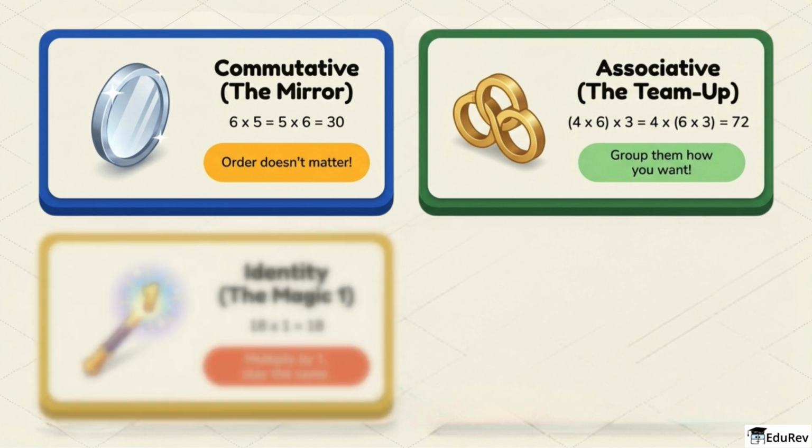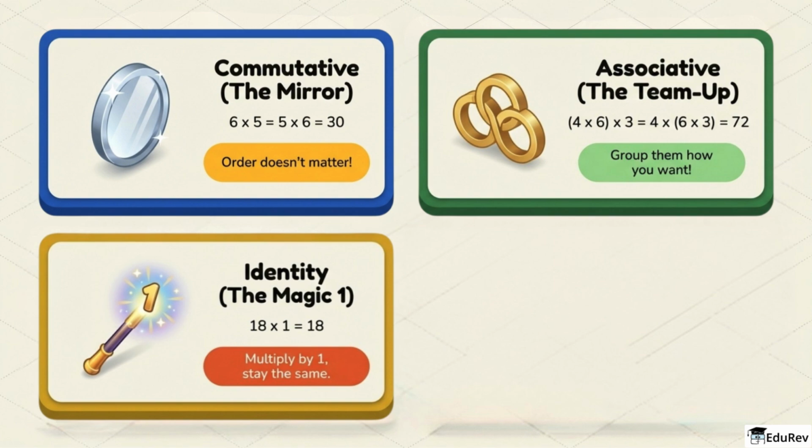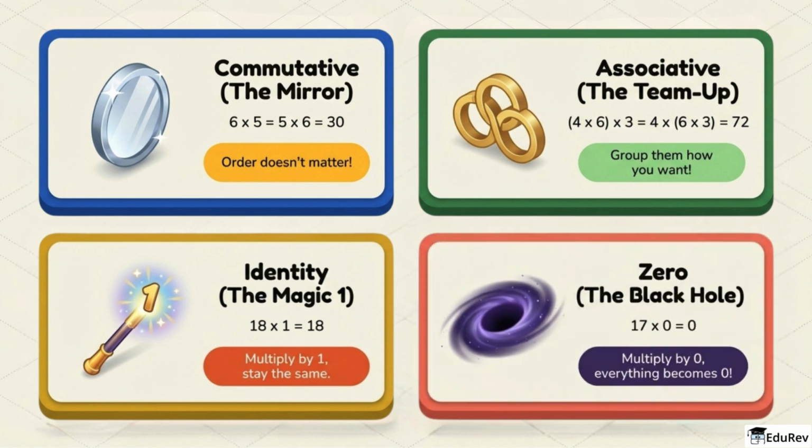Next is the identity rule. When you multiply by 1, the number stays the same. 18 times 1 equals 18. And finally, the zero rule. When you multiply by 0, the answer becomes 0. 17 times 0 equals 0. These are like magic shortcuts in multiplication.